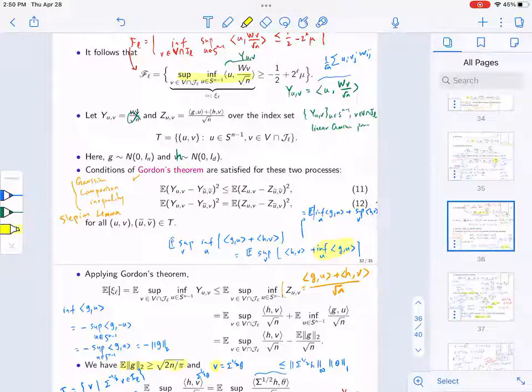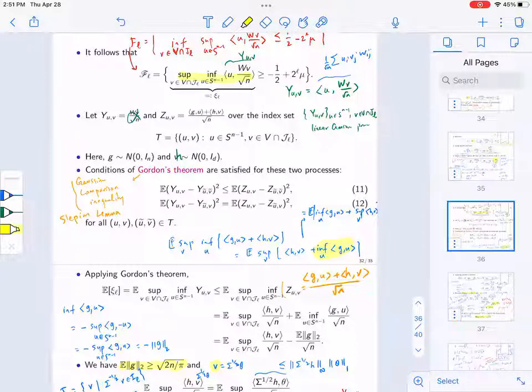You're going to do a similar thing shortly, but you need some more tools to do it. Basically, you have to discretize, V here is the sphere. So you have to discretize using a net, an epsilon net, and then you can do it. We're going to do exactly this for upper bounding a quantity like this.